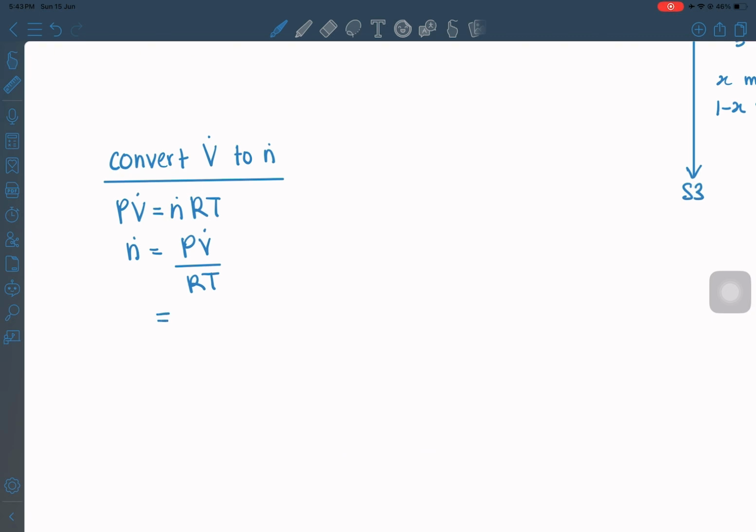So we need to know the basis by calculating the molar flow rate using PV equal to nRT. We get PV divided by RT to get the molar flow rate.